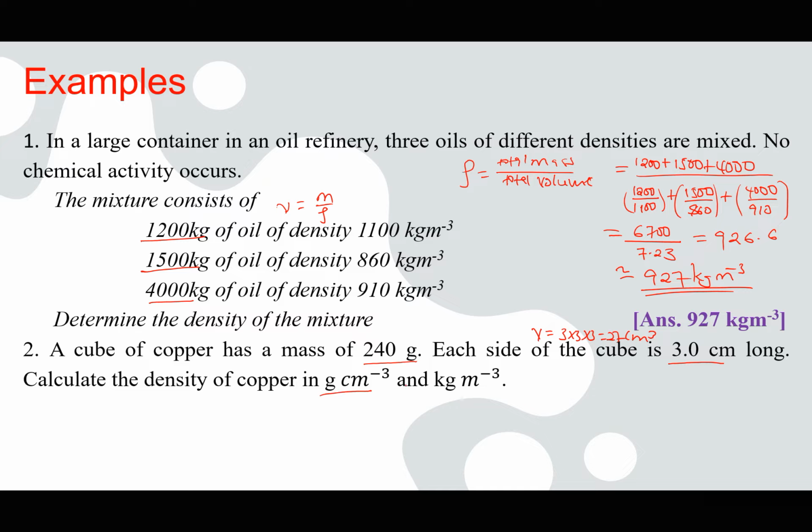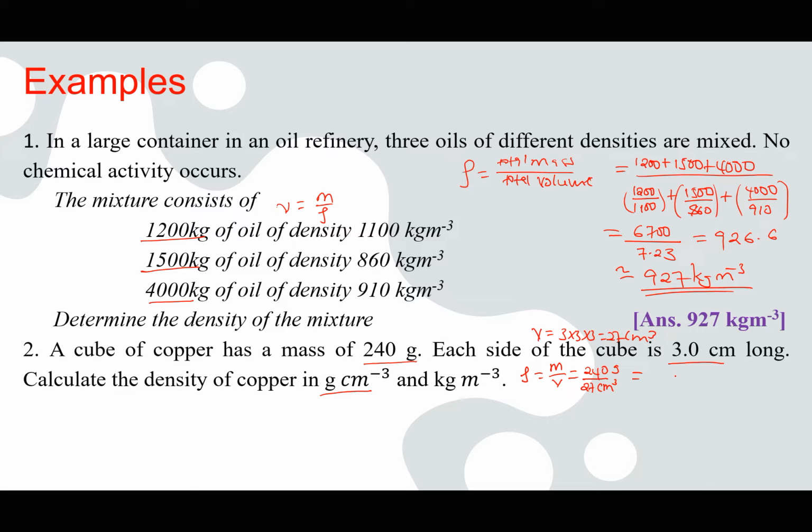The mass is 240 grams. So we want the answer initially in grams per centimeter cubed. So the density is going to be the mass divided by the volume, which will be 240 divided by the volume, 27 centimeters cubed. This is in grams.